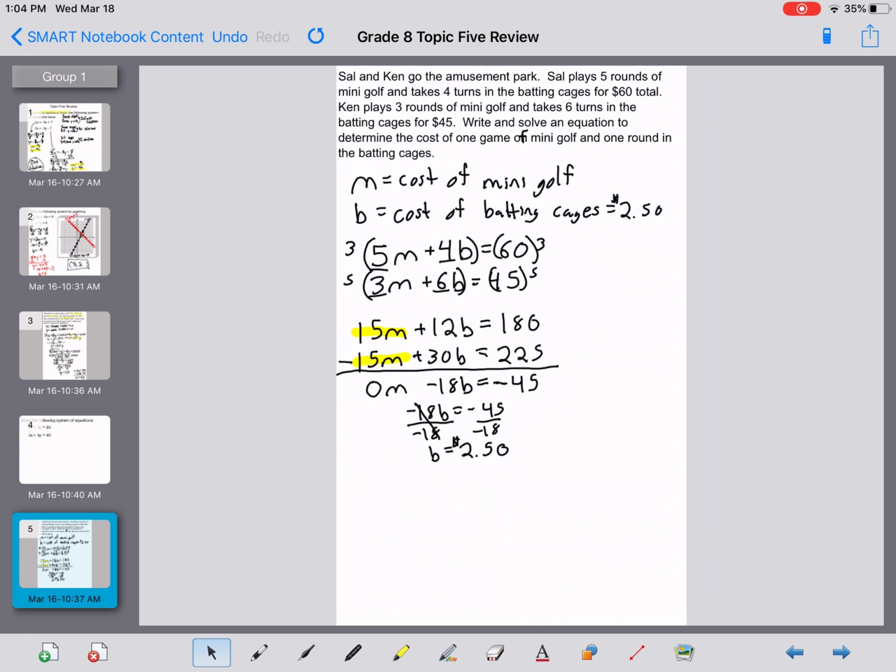Now I also have to find the cost of mini golf. I can use either equation. In this case, I'm going to pick the second one just because the numbers are smaller. I have 3m plus 6 times 2.50 equals 45. My first step is to multiply 6 times $2.50, which gives me 3m plus 15 equals 45.